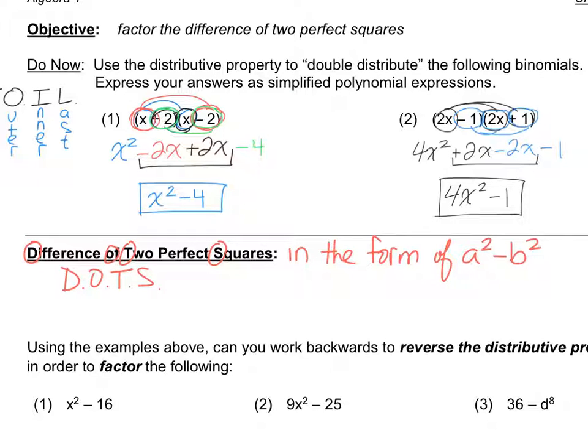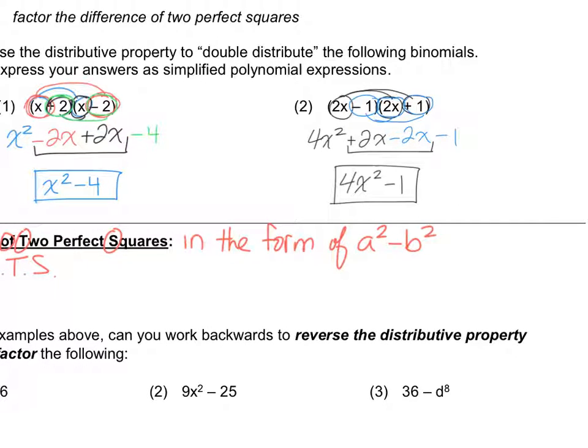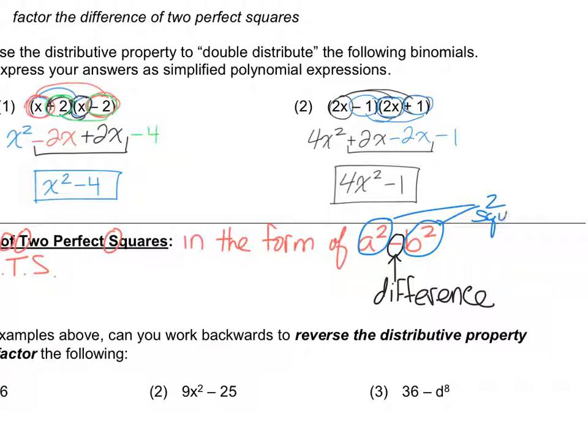All right, so anything that has that form. All right, the reason why that form is relevant is because you have a difference, you have two things that are each squares.